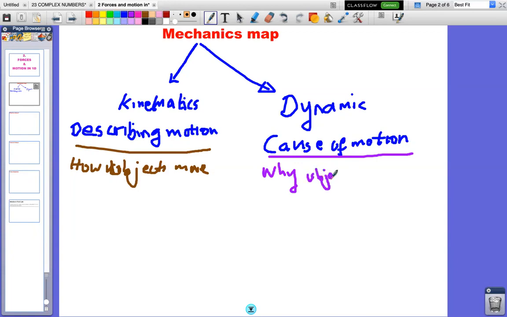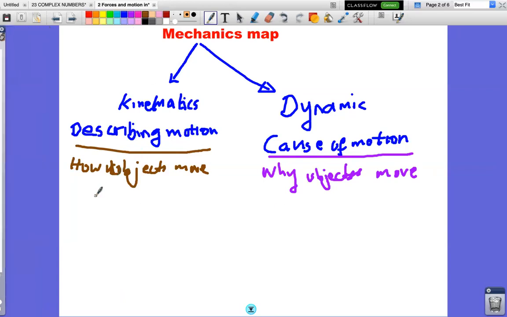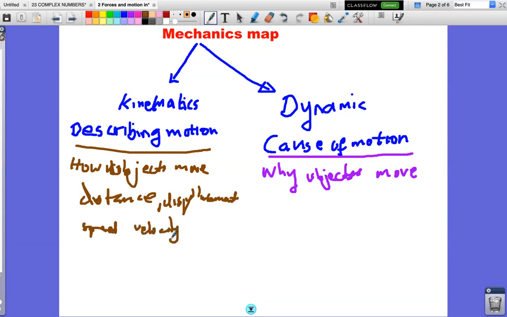And to do this, in the first part we talked about distance, displacement, speed, velocity, and acceleration and deceleration, if you wish.